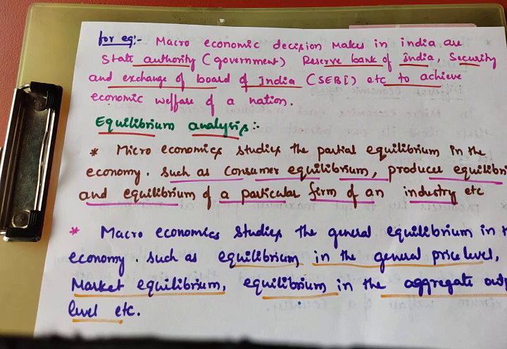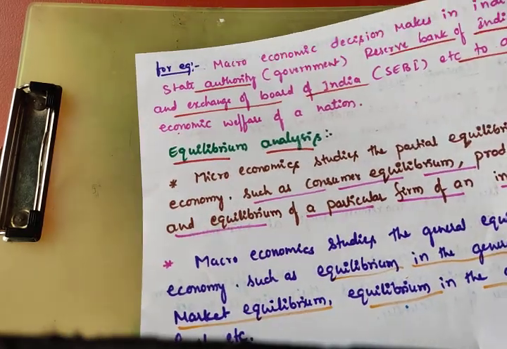So macroeconomics studies the general equilibrium, while microeconomics studies the partial equilibrium. Microeconomics studies consumer equilibrium and producer equilibrium for a particular price and a particular commodity. But macroeconomics studies the general equilibrium in the economy, such as equilibrium in the general price level, market equilibrium, and equilibrium in the aggregate output level. This is how macroeconomics differs from microeconomics.